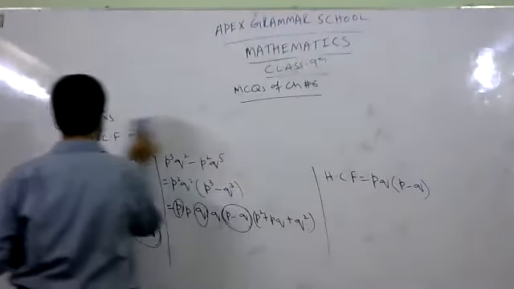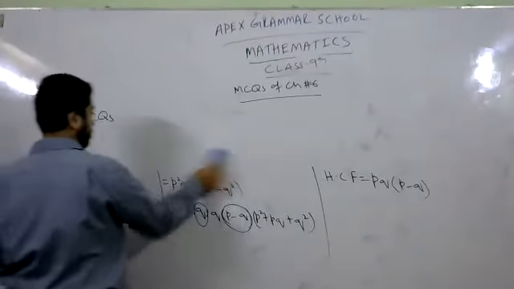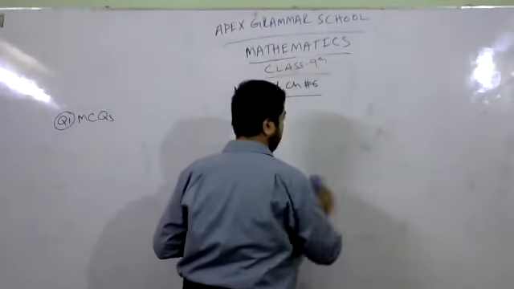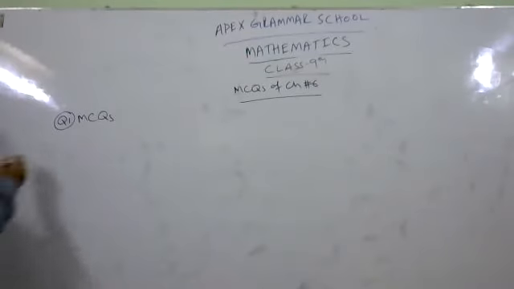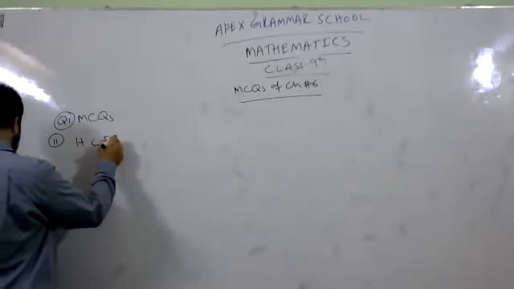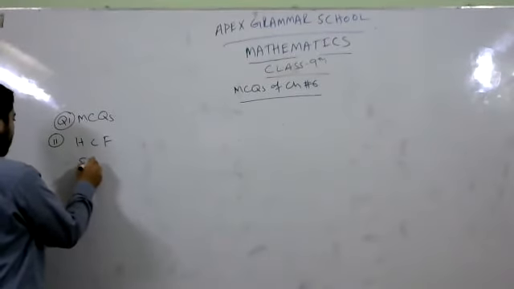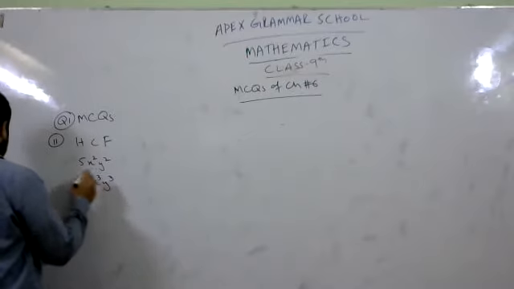Part 2 is again to find the HCF. HCF of 5x²y² and 20x³y³.